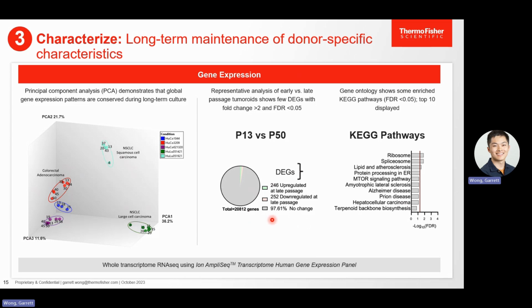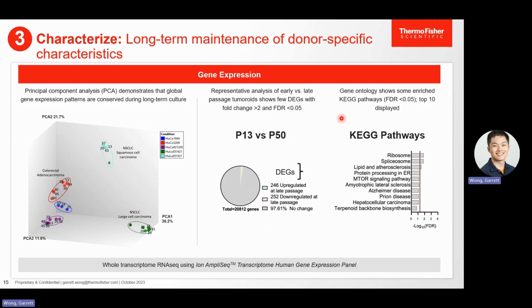This is overall less than 3% of the total genes looked at for RNA-seq. And for a naturally heterogeneous population over 37 passages, we believe that this is pretty good.